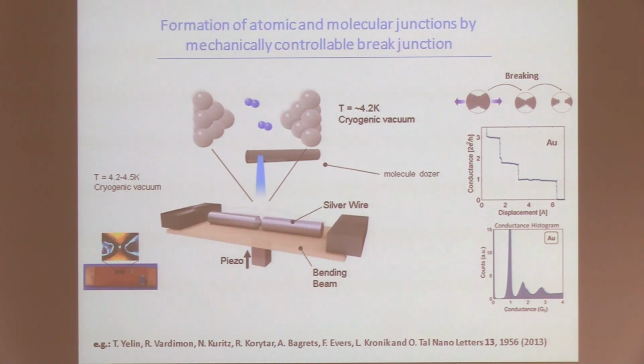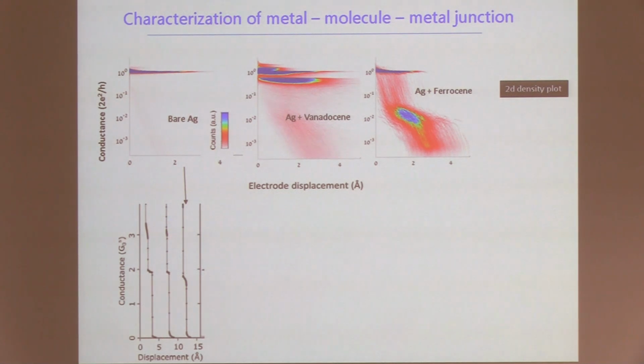So now let's come to our molecular junction. These 3 plots are called 2D density plots. A 2D density plot means you take 10,000 or 5,000 traces, align them at a fixed conductance of, let's say, 4 G0, and then plot them together in a color scale.